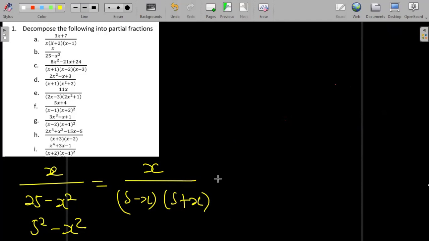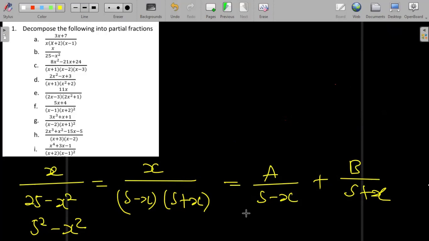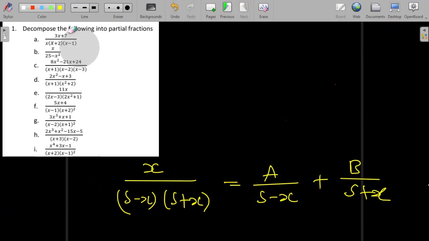All right, so we can now decompose this as a over 5 minus x plus b over 5 plus x. From there, we can multiply this whole thing by the denominator, 5 minus x and 5 plus x.